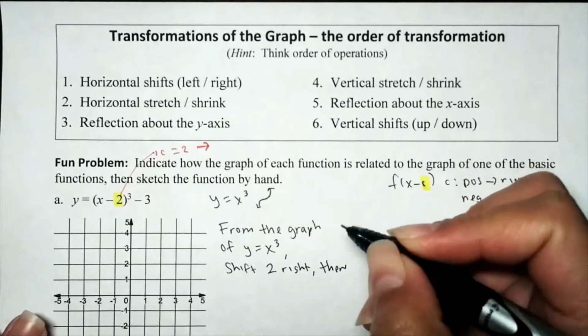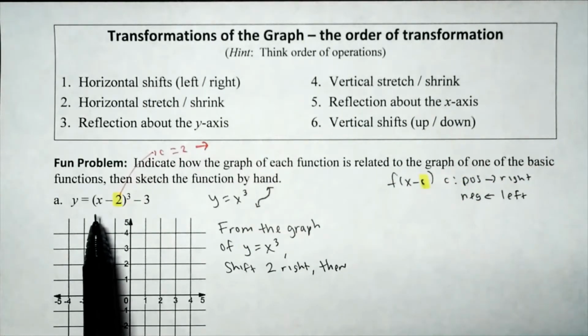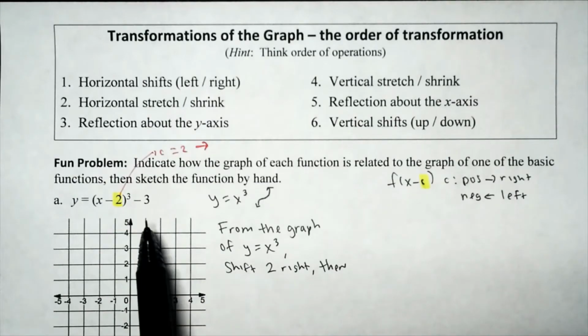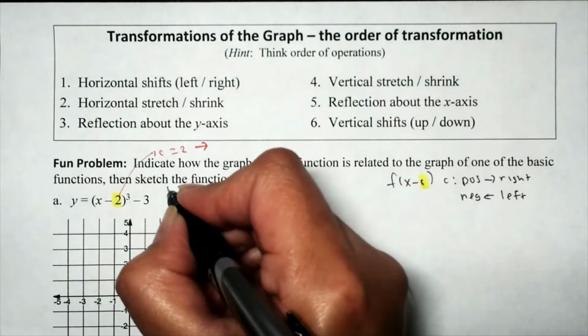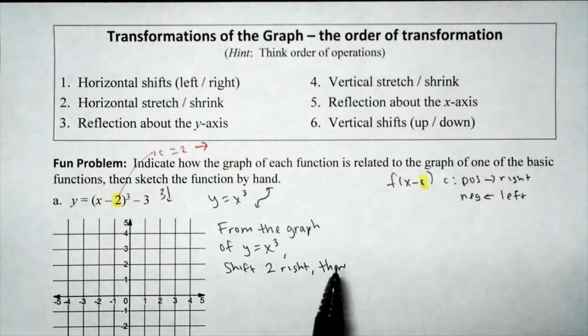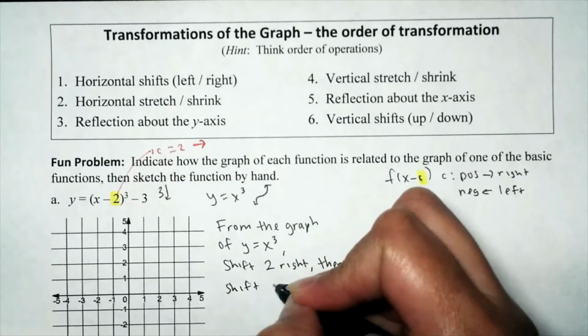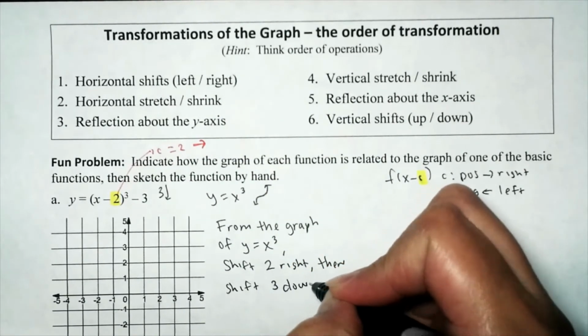Then okay, we have no negatives inside or multiplication inside, so we're gonna look outside the grouping symbols. There's nothing outside, so there's not gonna be any stretching or shrinking vertically, and then we follow the constant term. So in this case, because 3 is negative, we're gonna shift 3 units down. Okay, so from the graph of y equals x cubed, we're gonna shift 2 right, then shift 3 down.